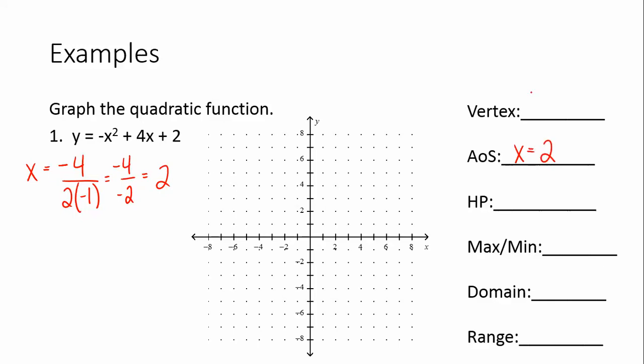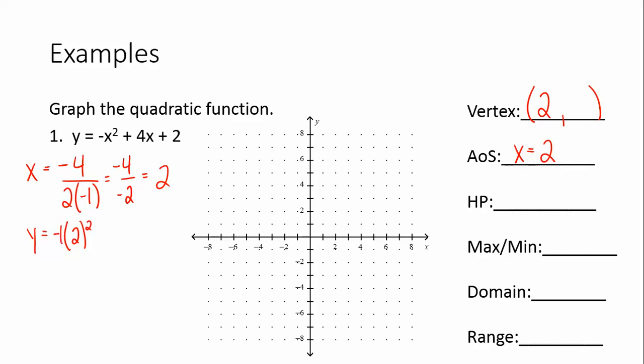We also learned that that same x value is the x-coordinate of the vertex. So I know my vertex is going to be 2 comma something. Remember how you find the y-coordinate: we plug the 2 into the equation and we solve for y. So to find the other half of the vertex, I'm going to take the opposite of 2 squared. Be very careful here with your sign.